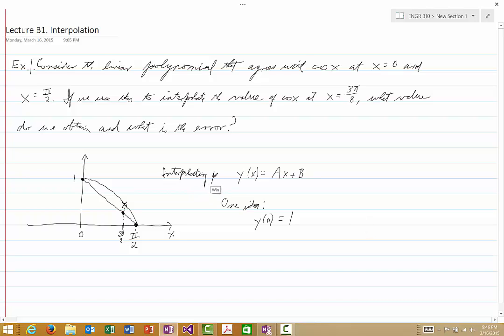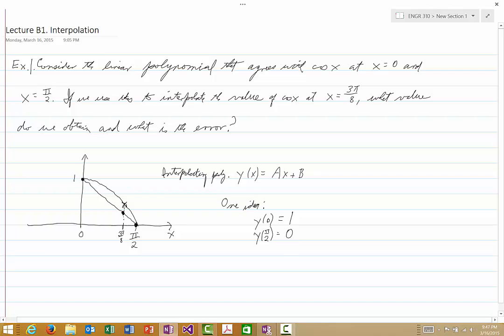So our interpolating polynomial is y of x, and remember again that the interpolate that you use must agree with the function at the given points. So it must agree at x equals 0, and it must agree at x equals pi over 2. So we say y of 0 is equal to cosine of 0, which is 1, and y of pi over 2 must be equal to cosine of pi over 2, which is 0.